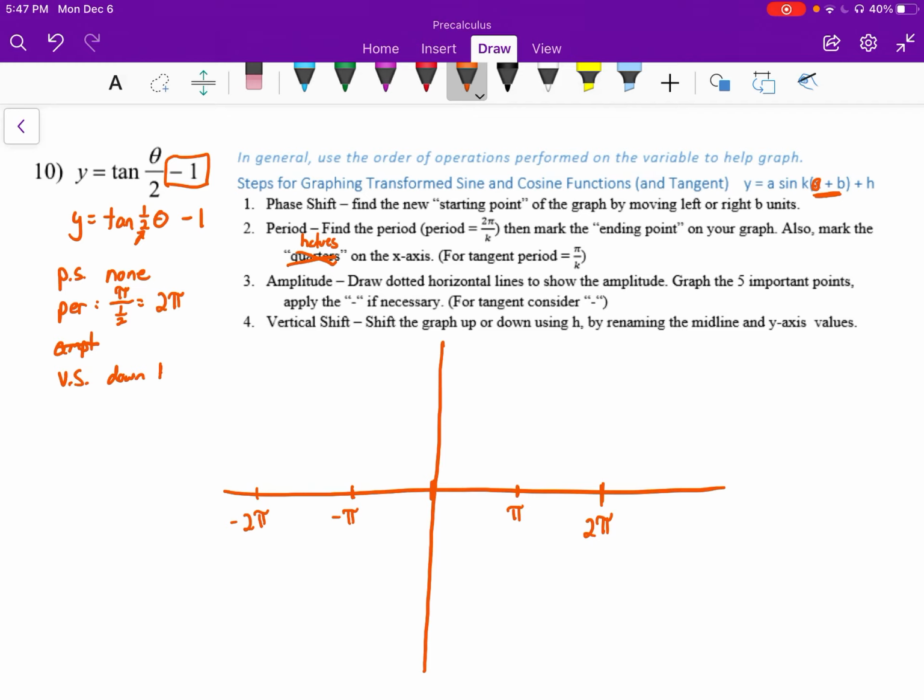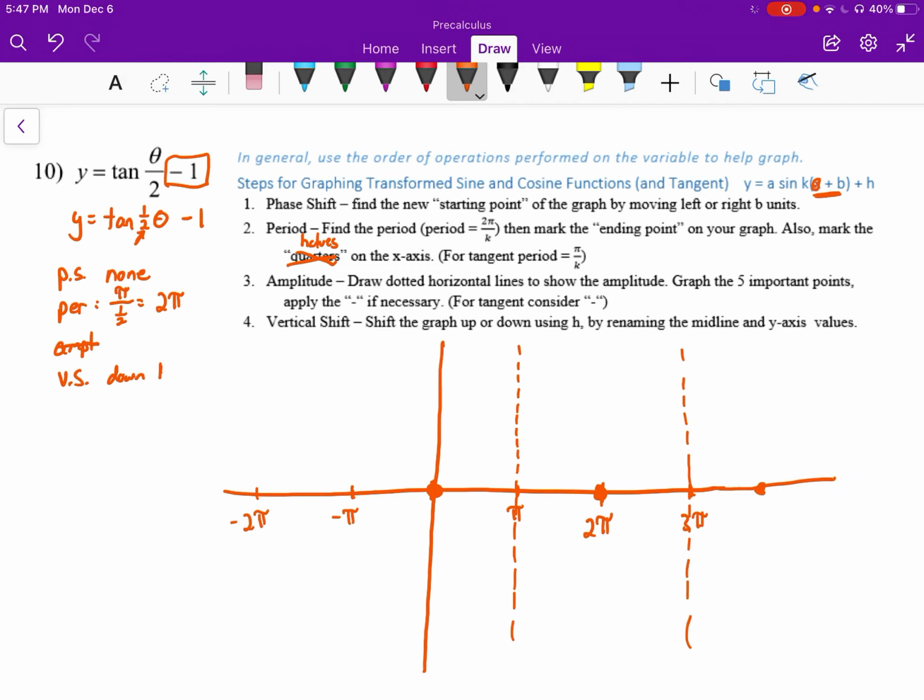So we can go ahead and graph our function now. Tangent starts at 0, and then at the first half, there's a vertical asymptote, and then we have a 0. We're going to come out to 3 pi. There'd be another vertical asymptote. Could come out to 4 pi, there'd be a 0.